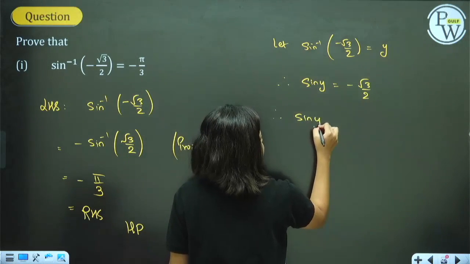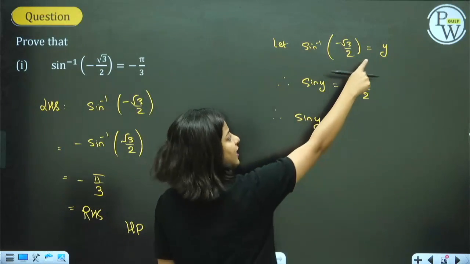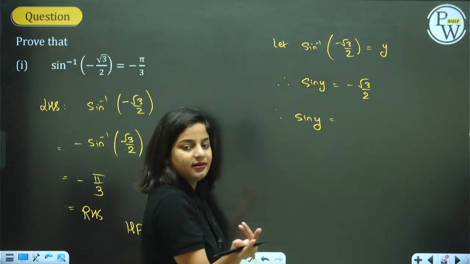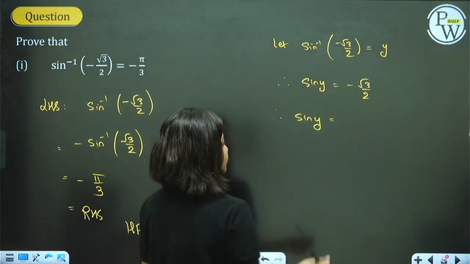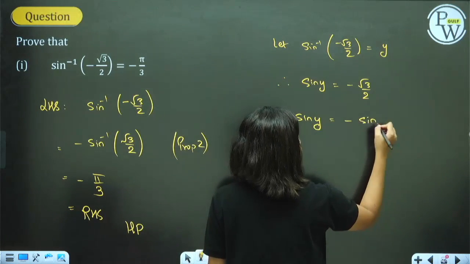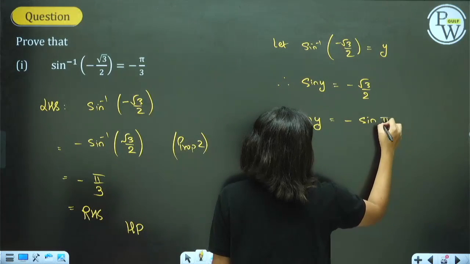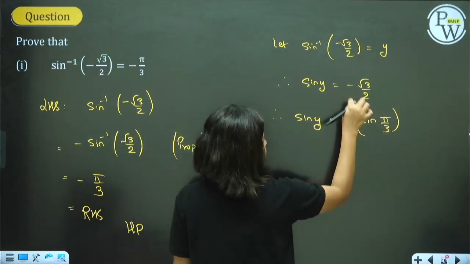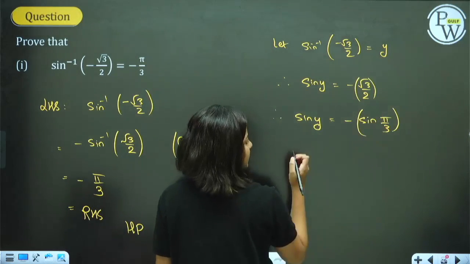We need to find the value of y now. Sin y is equal to minus, when is sin equal to root 3 by 2? It is equal to root 3 by 2 at 60 degree. So minus sign outside, root 3 by 2 is sin pi by 3.